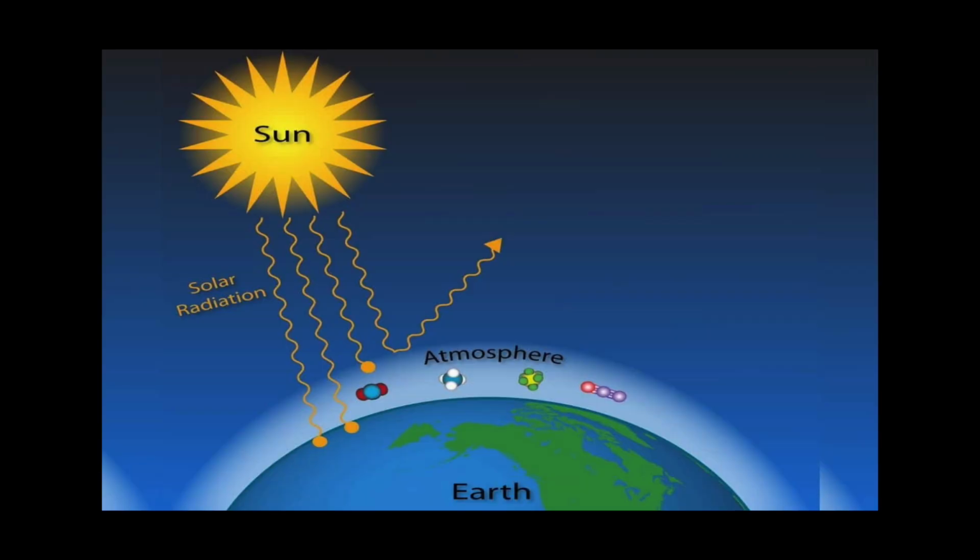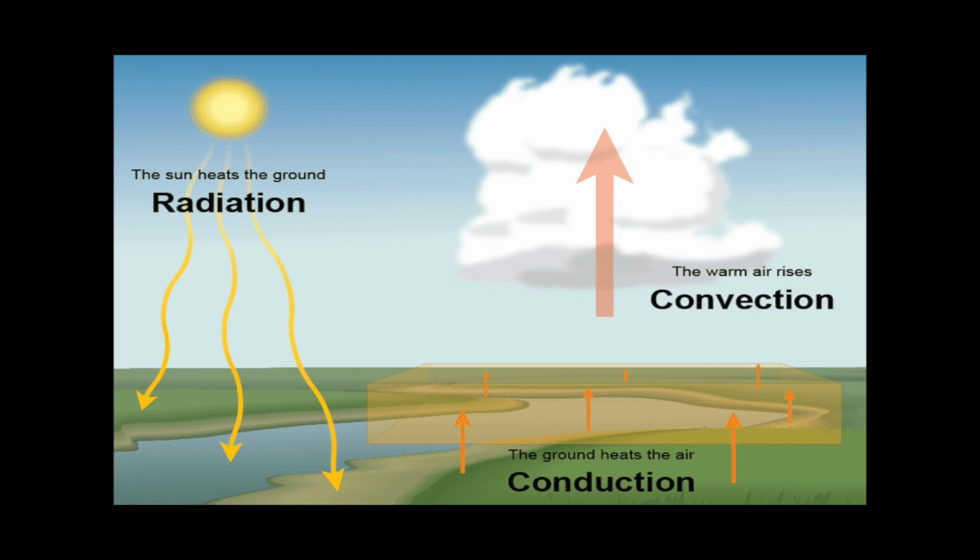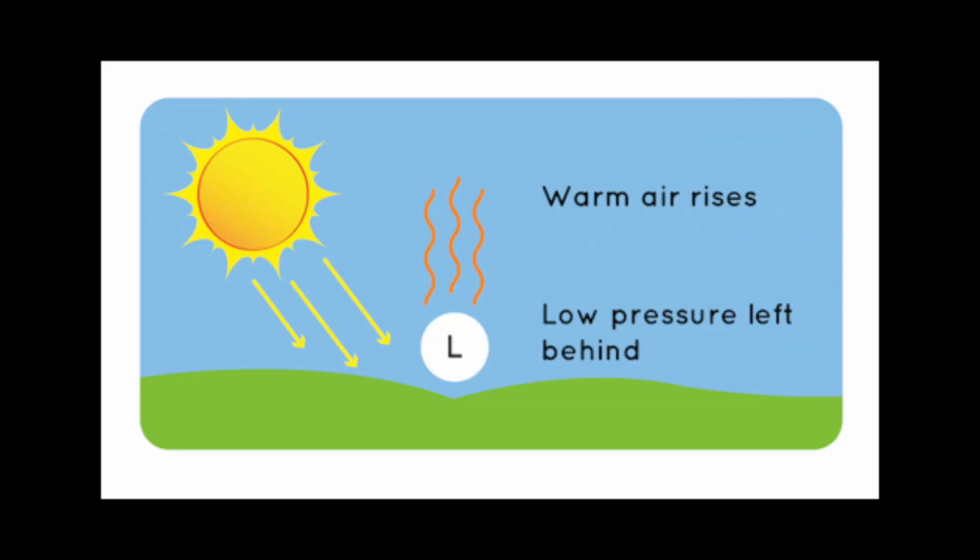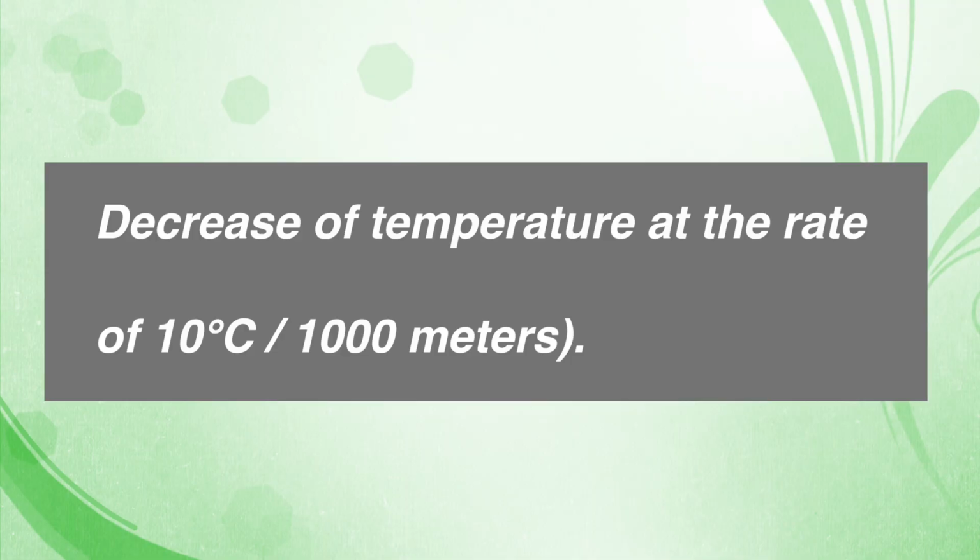The ground surface is intensely heated due to the enormous amount of heat received through solar radiation during daytime. As a result, the air coming in contact with the warm ground surface also gets heated, becomes warm, expands and ultimately rises upward. The ascending warm and moist air cools according to the dry adiabatic lapse rate, which is a decrease of temperature at the rate of 10 degrees Celsius per 1000 meters.